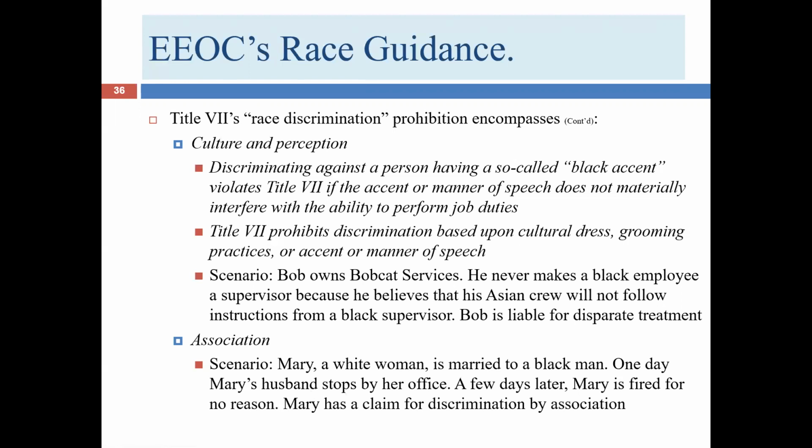Now, let's imagine the same workplace has lots of African American employees and they don't seem to have any problems in the workplace. And let's also assume that many of these African American employees are also married to other African American individuals. And there doesn't seem to be any problem with that either. The employer could make the argument, well, I don't have a problem with blacks and I don't have a problem with whites, but I do have a problem with biracial marriage.